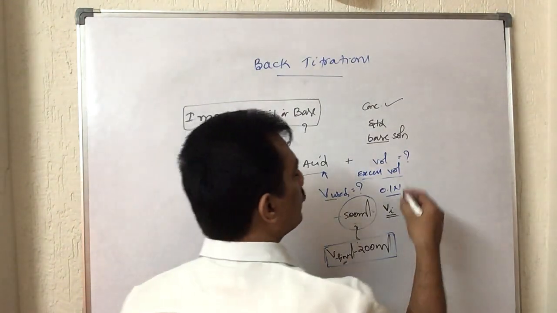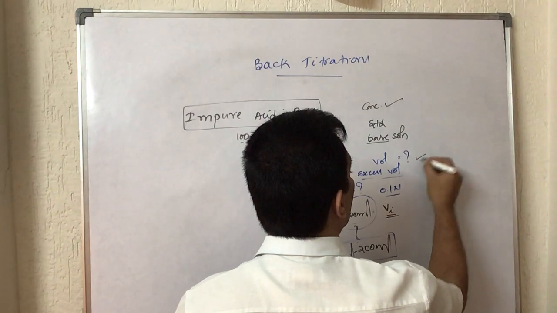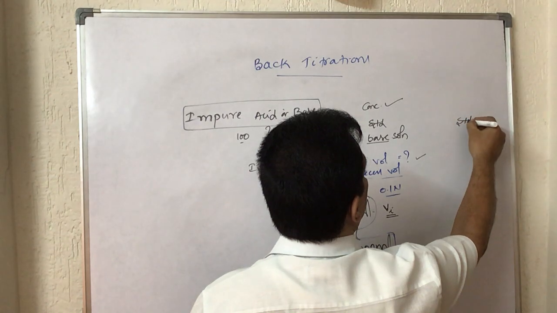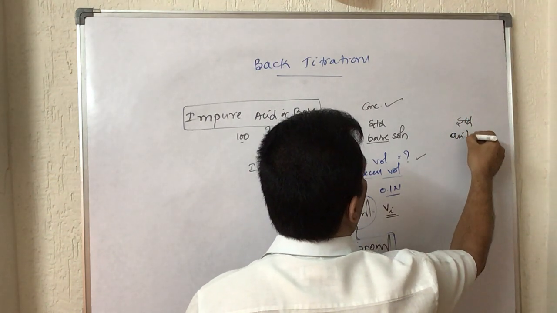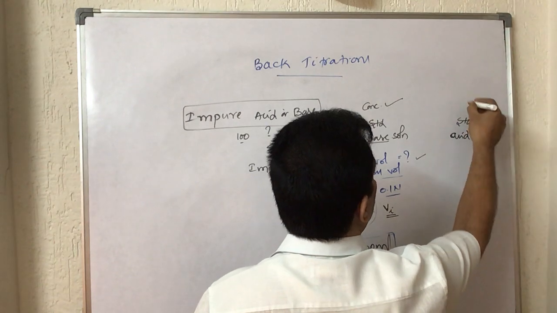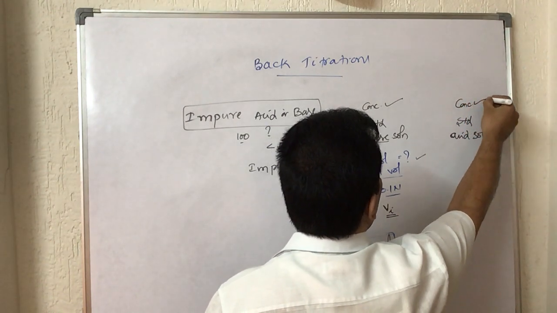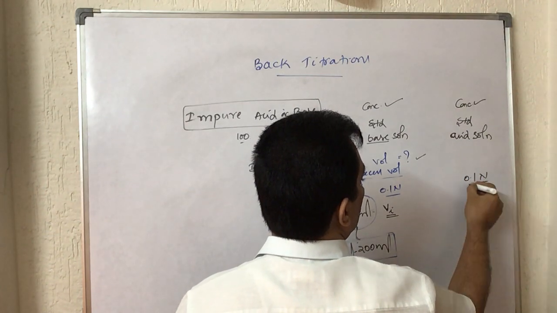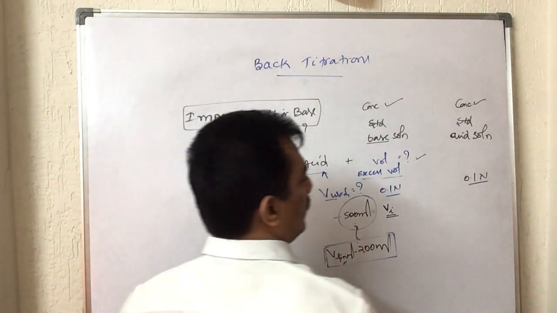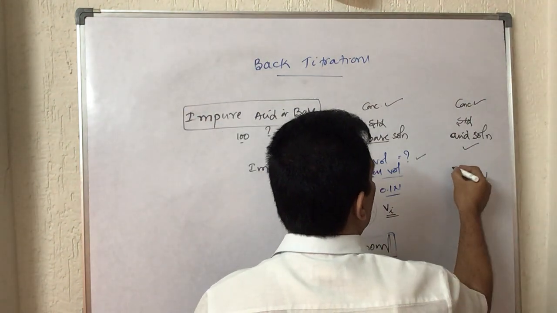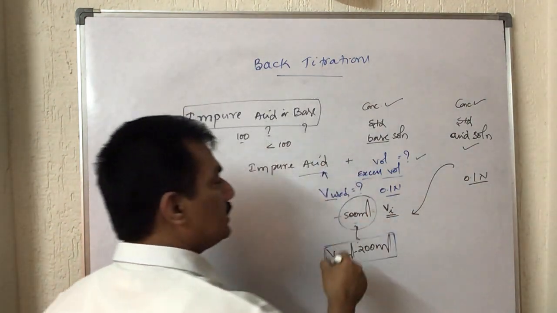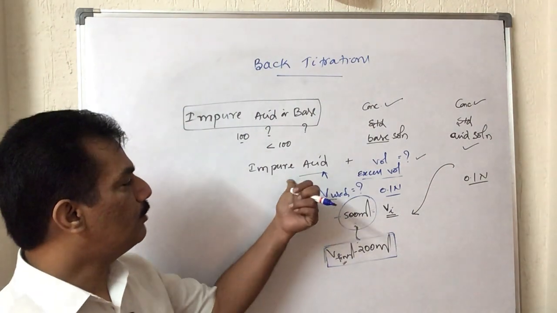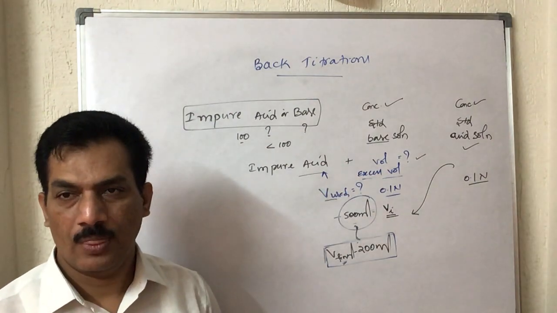For that purpose, we neutralize this base solution with another standard acid solution. Again, standard solution means the concentration is known, for example 0.1 normal. Then we use this acid to neutralize the excess basic solution present after completion of the first neutralization. Are you following?